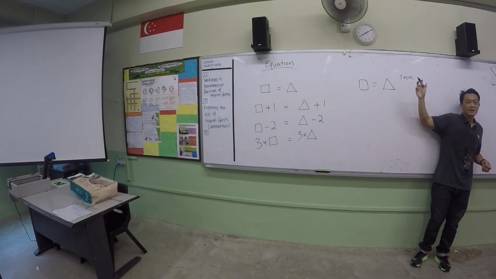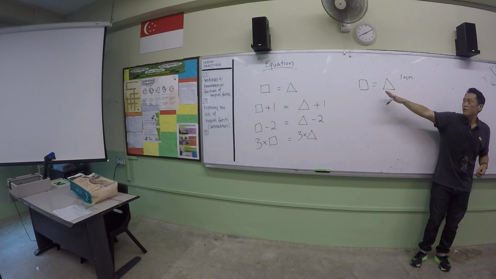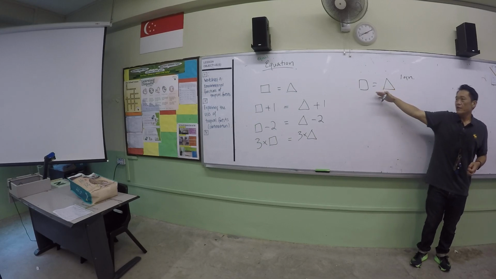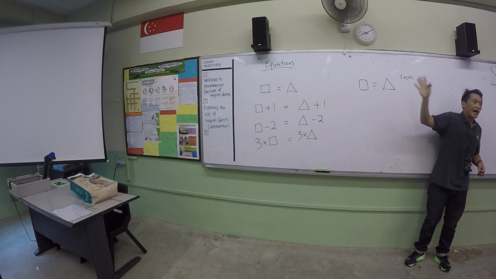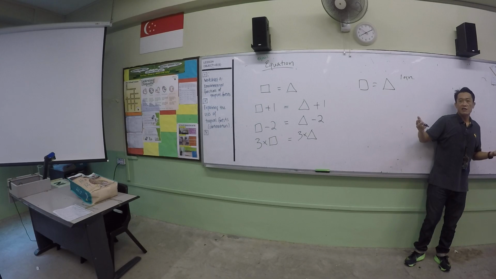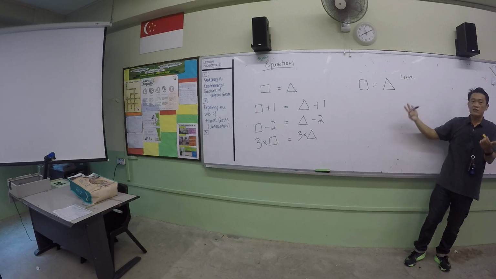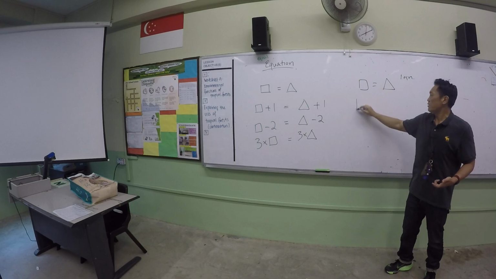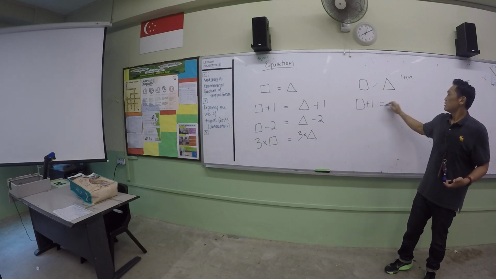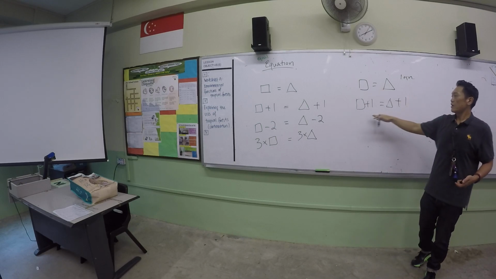So if I'm given an equation, if this equation is correct, I can write endless number of equations that are correct, because as long as I do the same thing on both sides. If this is correct, means this is also correct.